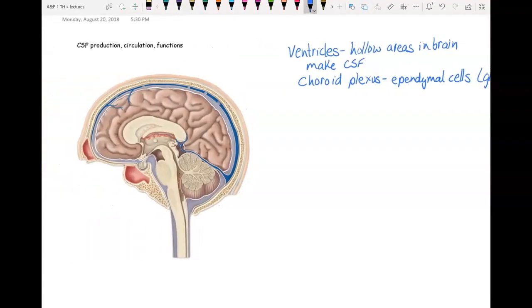So right here, you can see this reddish stuff. That is choroid plexus. And this is located in the lateral ventricle. You have two lateral ventricles, one on the right and one on the left.